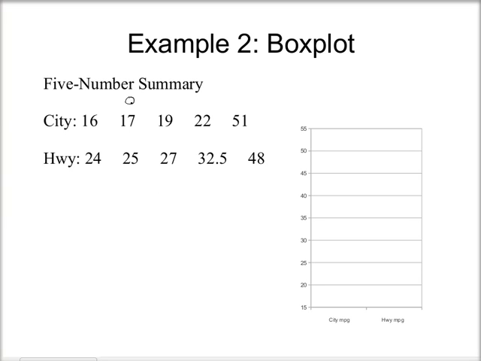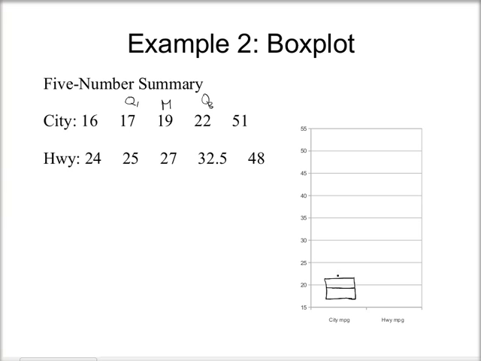So Q1 is this number and Q3 is this number, so my city mile per gallon box is going to go from 17 up to 22. So 17 is around here, and then 22 is up here. So I've got a pretty small box for my city mile per gallon. And my median is at 19, which is about here on my chart, so I could draw a line there.